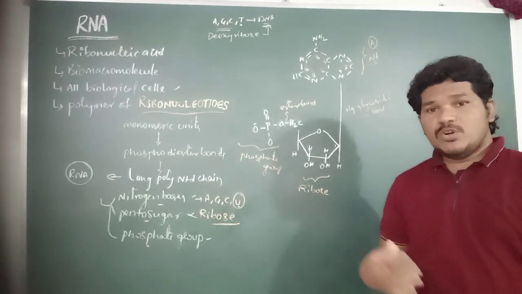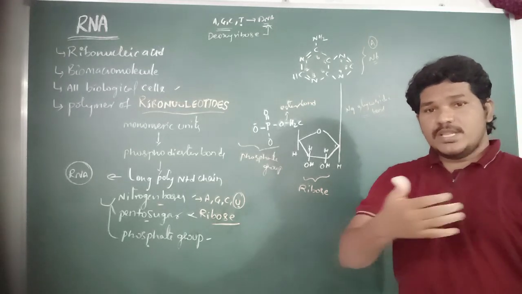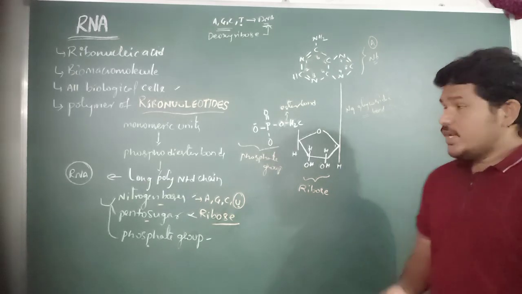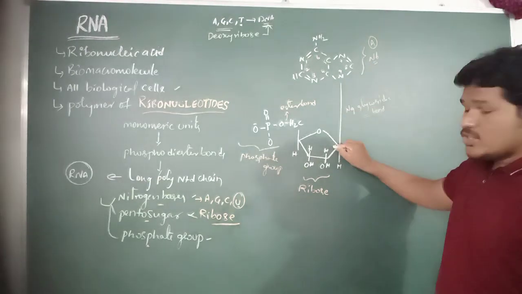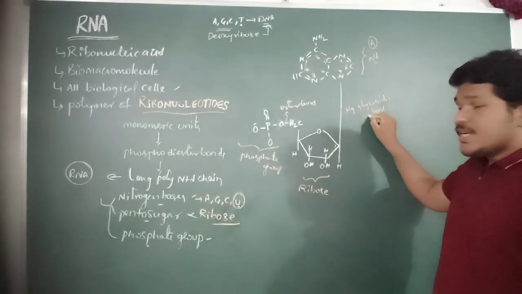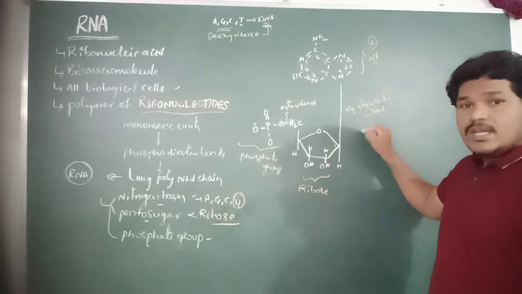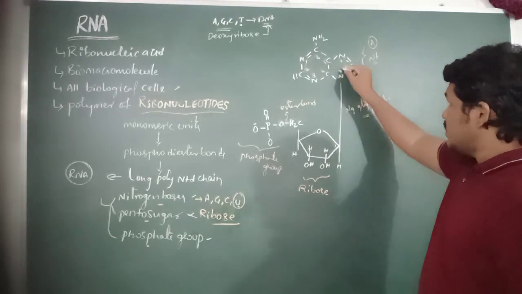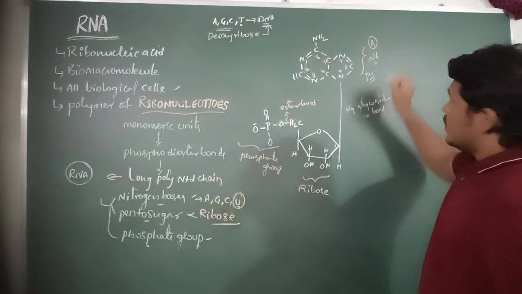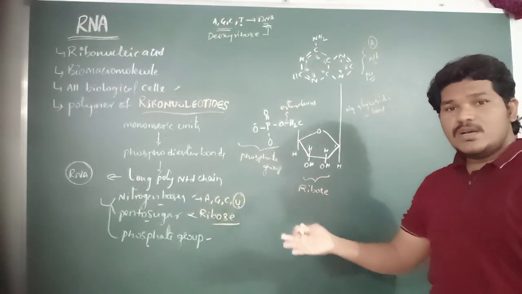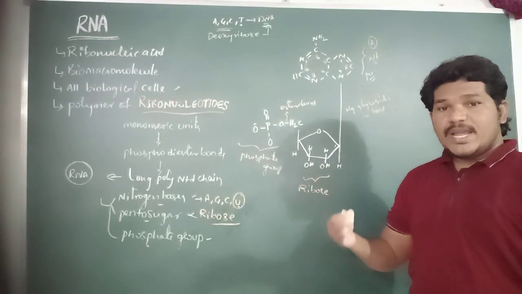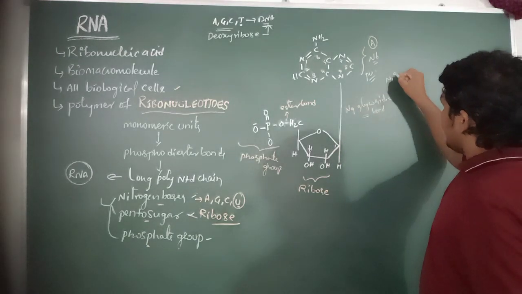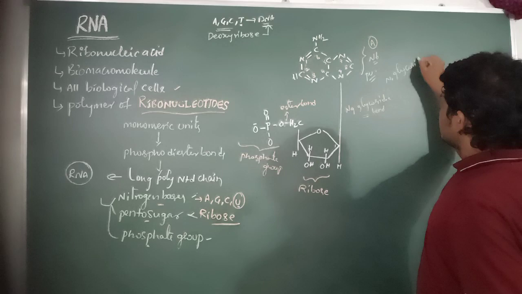Already we discussed the formation of glycosidic bonds in nucleic acids, nucleosides and nucleotides. Particularly, the glycosidic bond is an N9 glycosidic bond when attached with a purine. Adenine is a purine. But in a pyrimidine, the nitrogen base is attached to the pentose sugar by an N1 glycosidic bond.